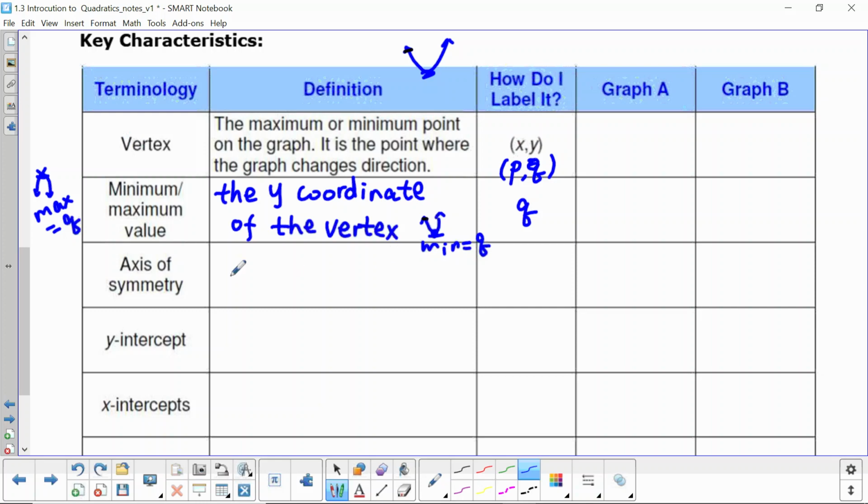And for the axis of symmetry, the definition is a vertical line that divides the parabola, the graph, into half.